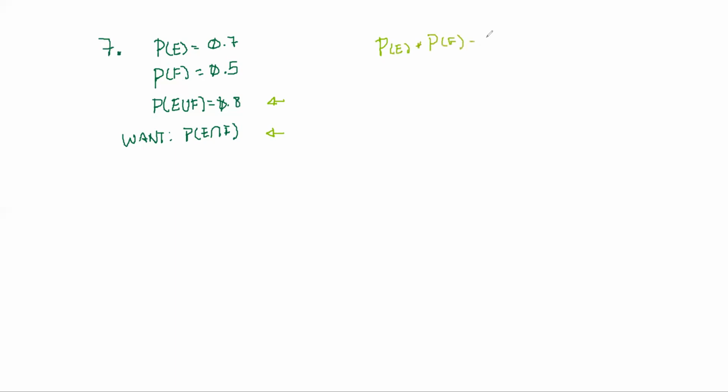And all of these are just going to end up being numbers. So what we can do is add whatever this number is to both sides, and we can subtract this number from both sides.